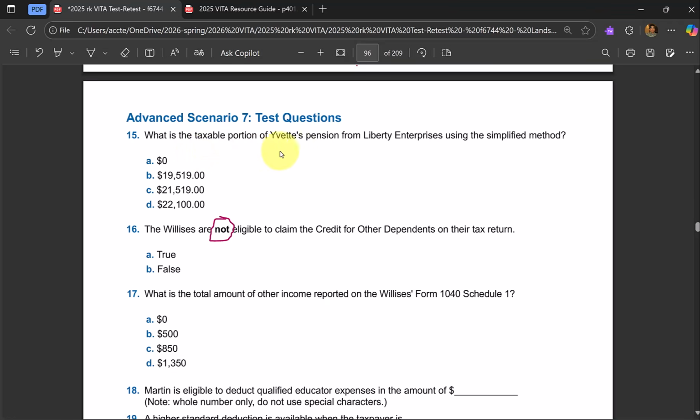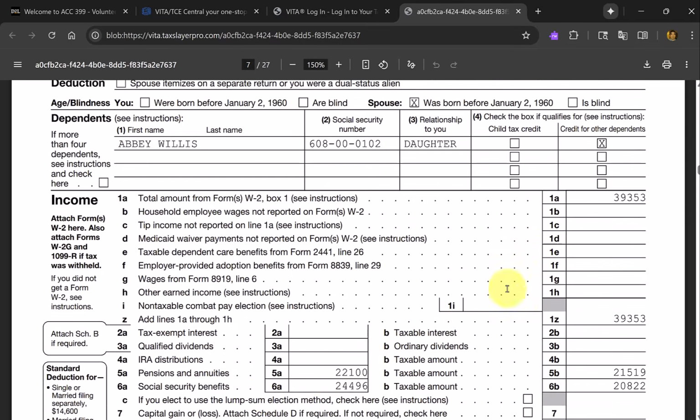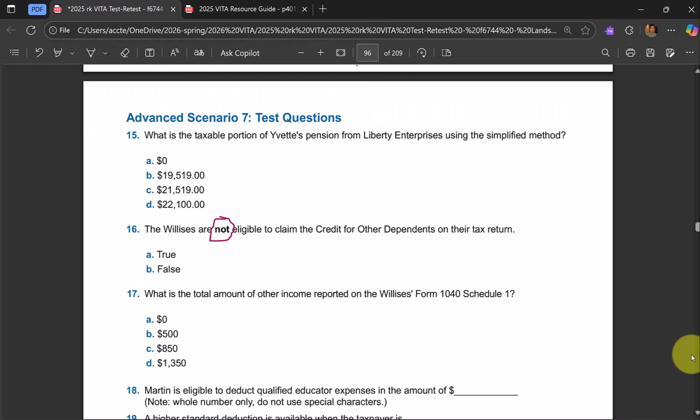What is the taxable portion of Yvette's pension? That's from that Liberty Enterprise 1099R. Here in line 5, here's the gross amount and here's the taxable amount, 21,519, right here. The Willises are not eligible to claim the credit for other dependent.